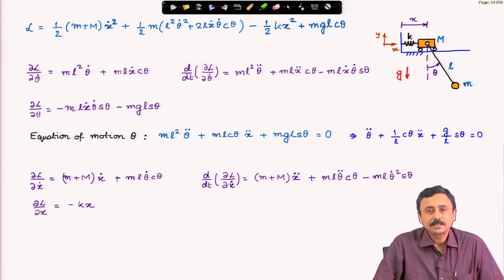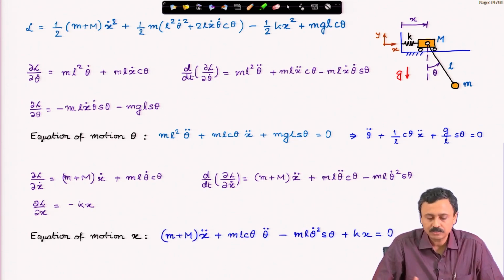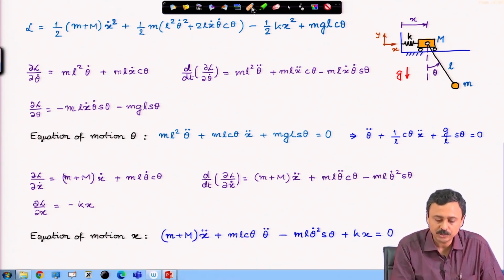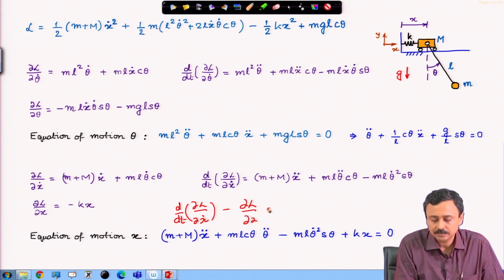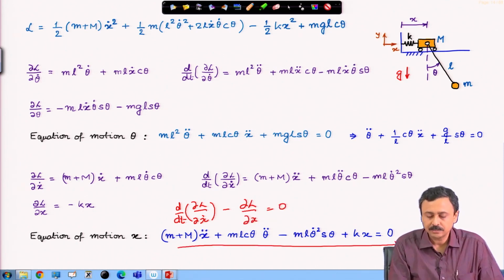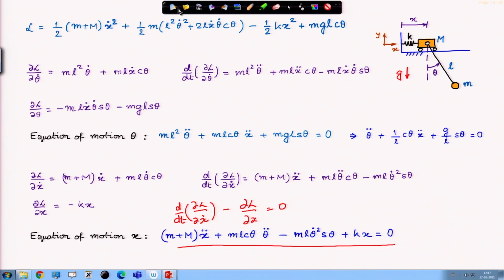And del L del x is only minus k x. Therefore, the equation of motion is d dt del L del x dot minus del L del x equals 0, and that gives us this equation of motion.